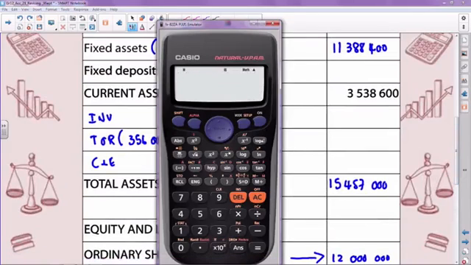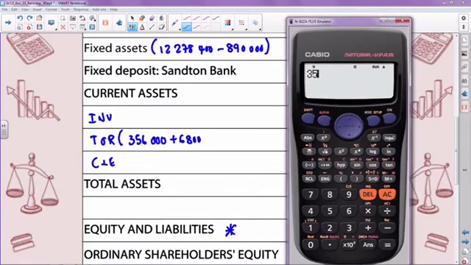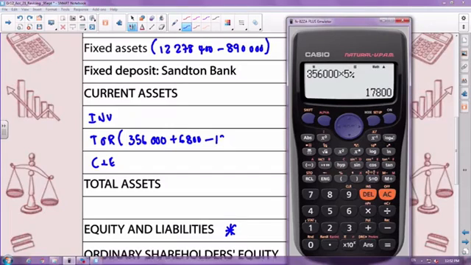Take your 356,000 and multiply it by 5%, and it gives me a value of 17,800, minus 17,800. Now, this definitely you need to understand. Why am I using the 17,800 here? Because the total amount of my new provision needs to be 17,800.